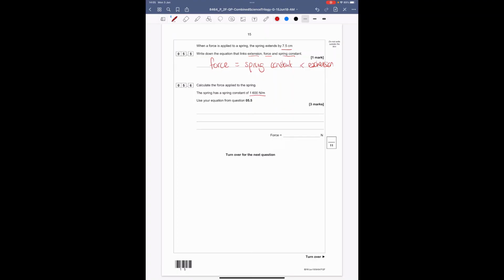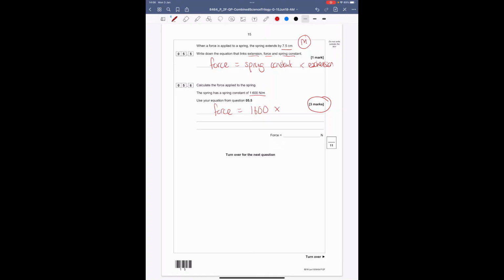Okay, so we need to calculate the force, which is our unknown. Our spring constant, we've been told, is 1,600, and the distance is 7.5 centimetres. Now, because it is in centimetres, we would need to convert it into metres. And we can get an idea that we might need to do something like that because it's worth 3 marks. If it was just a simple times them together calculation question, it would probably only be worth 2 marks.